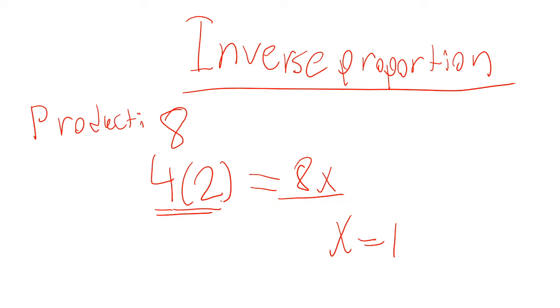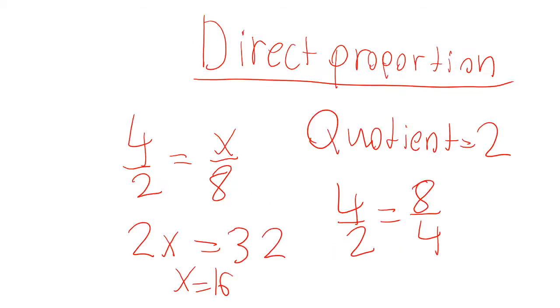So if we double the first value, now check what the corresponding value is. If the corresponding value doubles as well, then you have direct proportion, right? So in this example, 4 to 2, if I double 4, I'm going to get 8, right? Well, let's check this out.